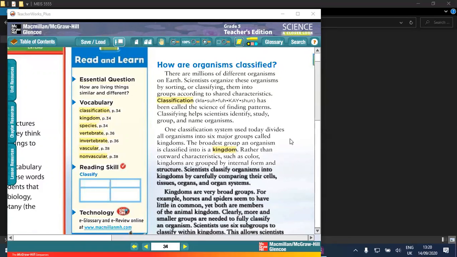If we want to order kitchen items, we will put them in groups because they are similar. Now classifying life, we will classify it by similarities.